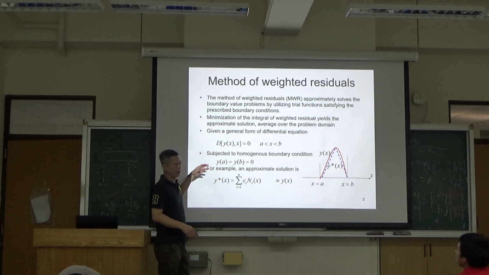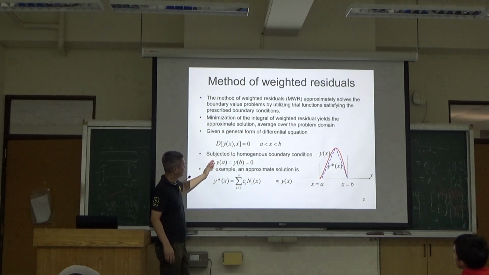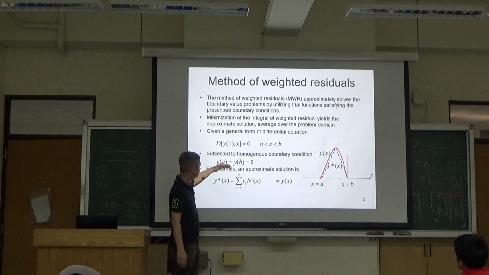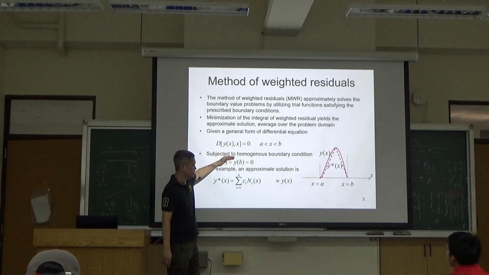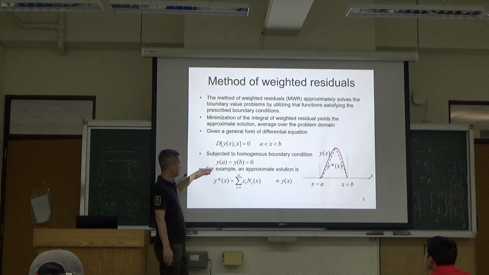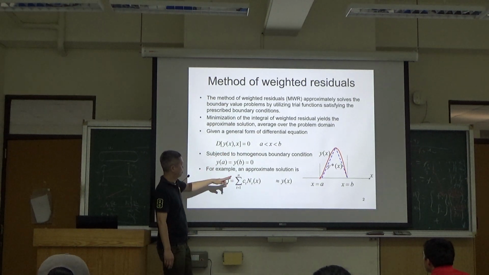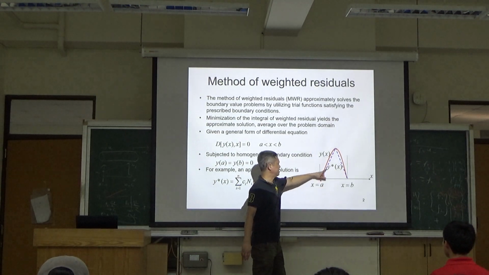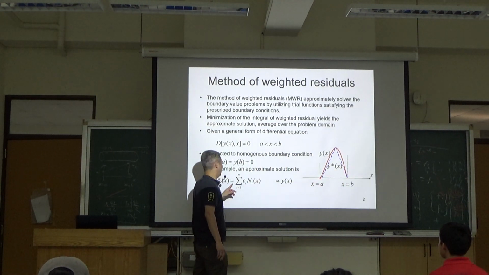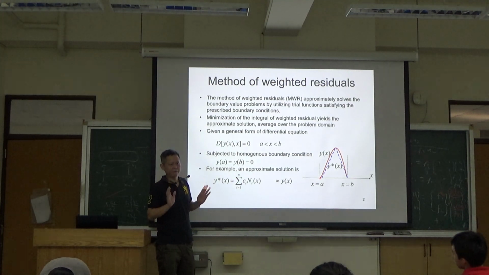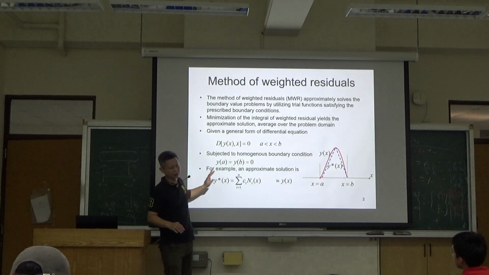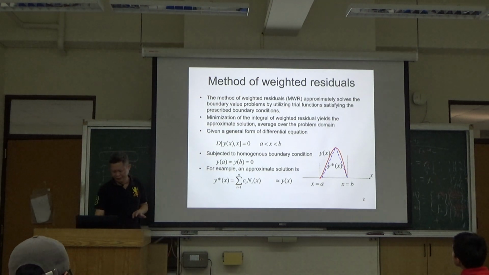And then, in the case of your boundary, we try to reinforce it to be 0 if it's a homogeneous boundary. And then in that case, any function that's in the red can be interpolated by any function that fulfills the boundary. So that's the whole idea about weighted residue.